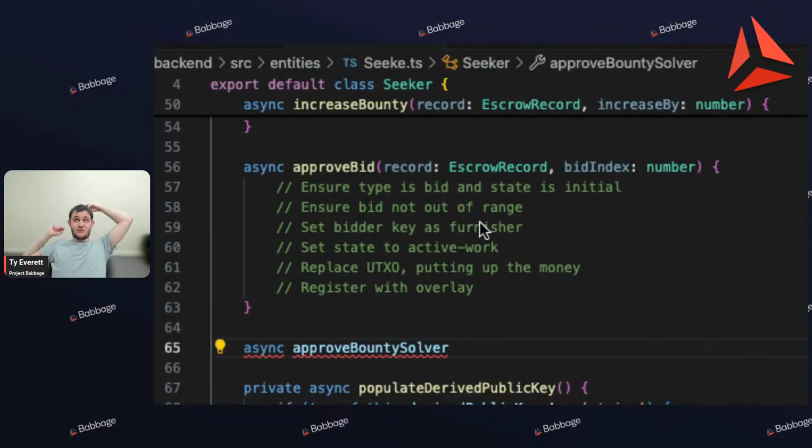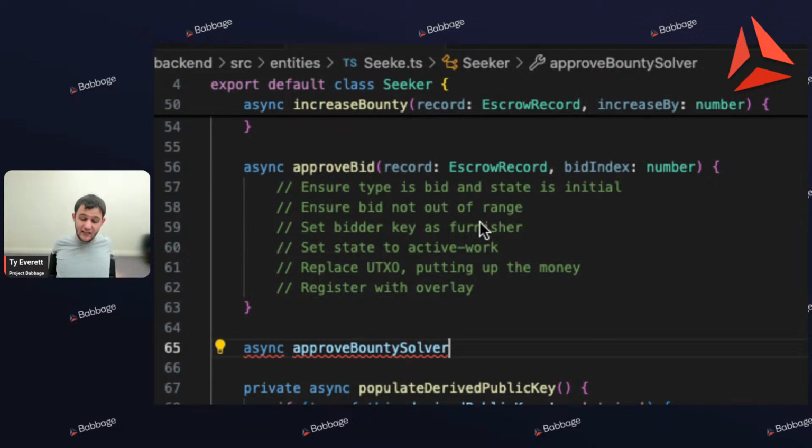I've just decided how much I want to pay up front. Take it or leave it. You want to take it, you still have to talk to me before you start working, get my approval, and then complete the job. I think that's the full spectrum of solutions I want to enable here.